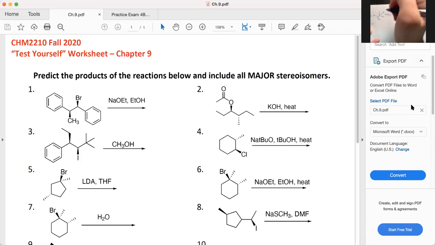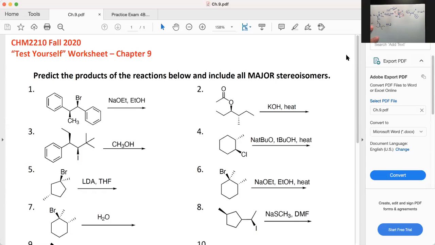In number two, we have a linear structure over here. We have this ester leaving group, and we're subjecting it to potassium hydroxide and heat. So if we're thinking reaction conditions, what do we think? Okay, we're thinking E2 as well, right?